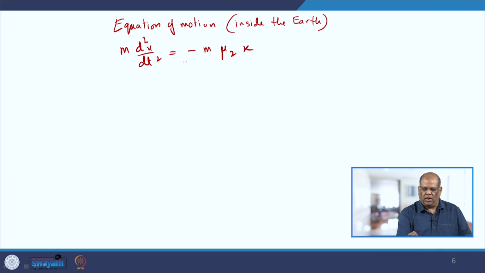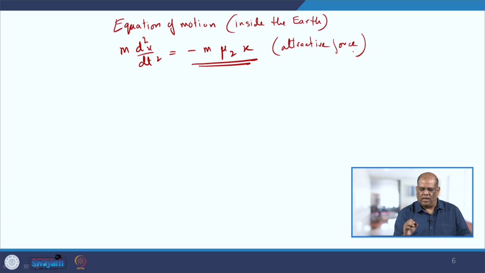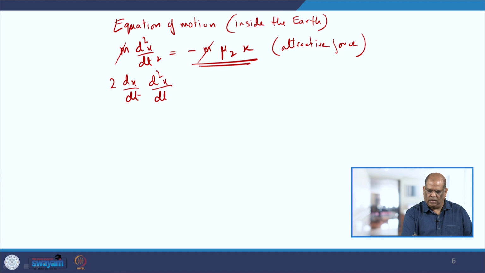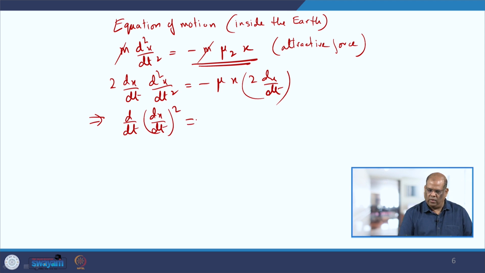With the same logic that it is an attractive force, hence this negative sign, the mass cancels from both sides and you multiply by 2 dx/dt on both sides. So, this will give d/dt of (dx/dt) whole squared equal to minus 2 mu 2 x dx/dt.